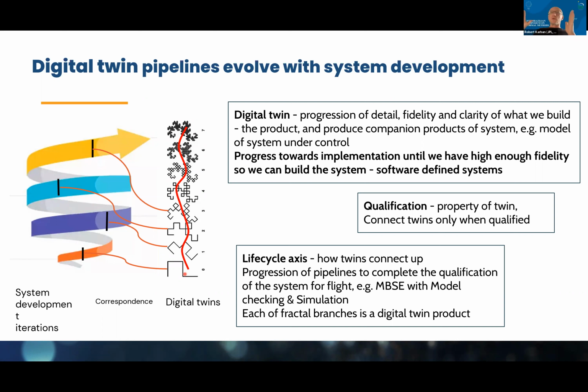But as you go along, you add more and more detail, more and more fidelity, and you get more and more clarity of actually what you want to build until you can build it. So the correspondence between the spiral, the digital twins that are represented here as the fractals that get more and more detail, and the continuity between those fractal pipelines, that's somehow the analogy we envisage.